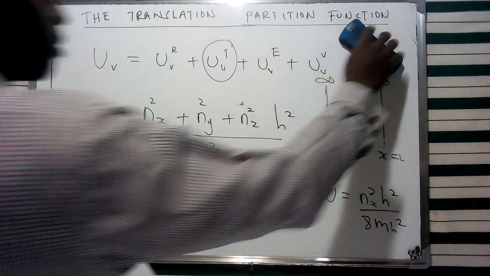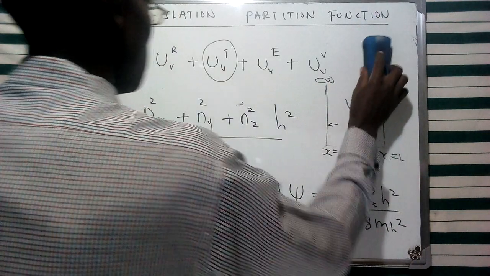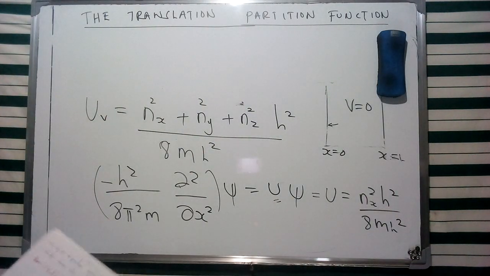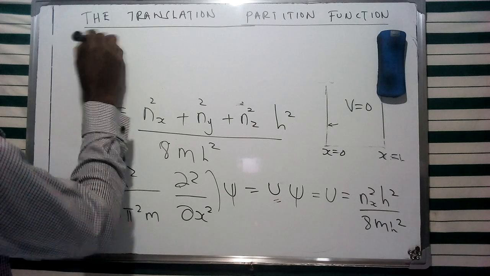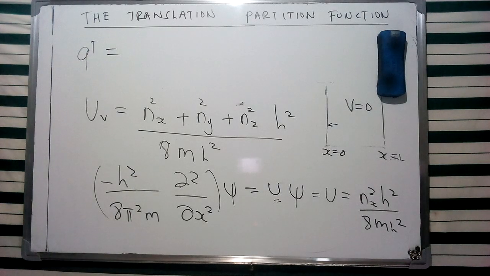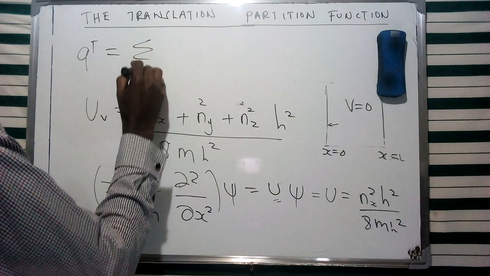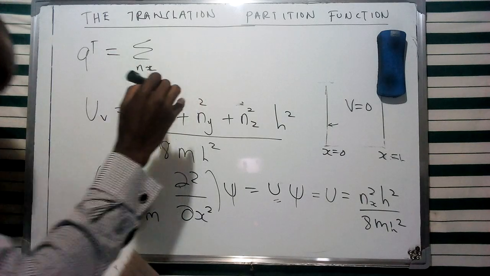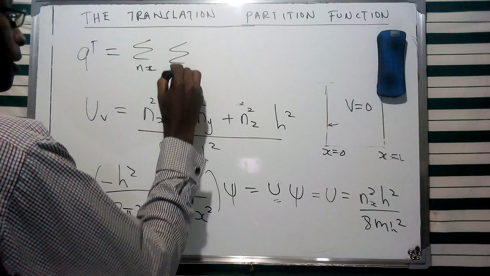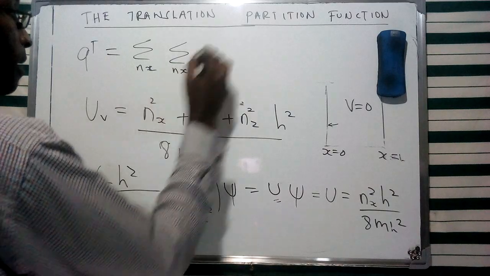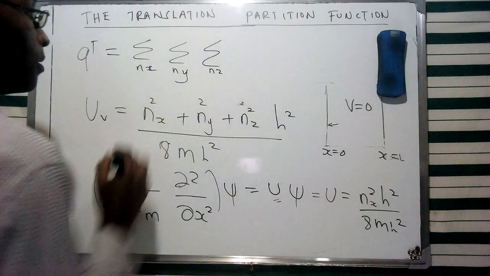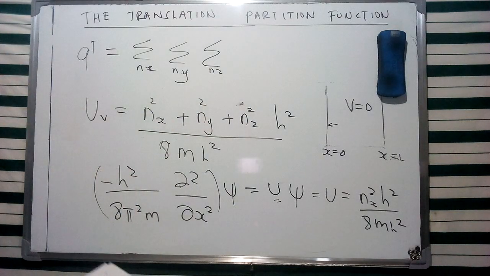So therefore, we're going to consider this specific case, whereby we can have a version of this partition function given in terms of the summation of the energies in the state of the quantum number n_x, and then the summation of the quantum numbers n_y, and then lastly the summation of the quantum numbers in the state of z.